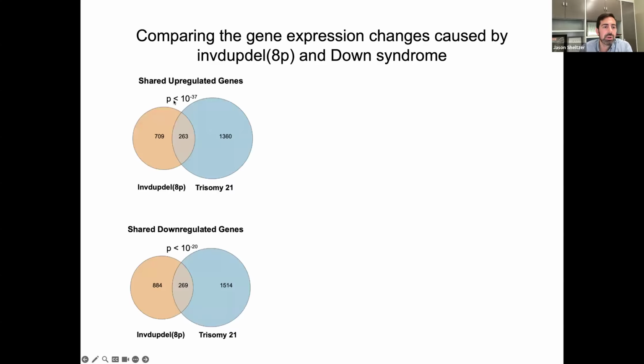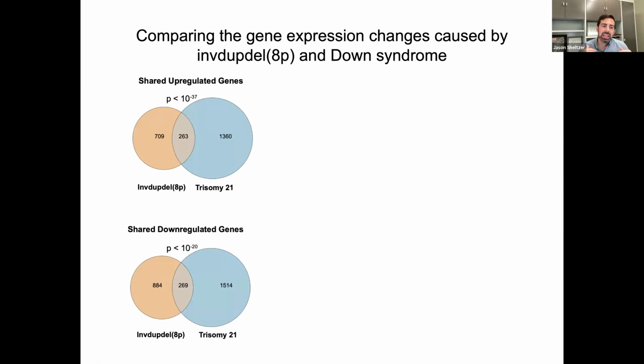And we were really surprised to see that there were a number of highly significant gene expression similarities between these two syndromes, between these two conditions. So we looked at the genes that were upregulated by inversion, duplication, deletion of 8p and genes that were upregulated by Down syndrome, and the genes that were downregulated by both, and we found highly significant overlap.